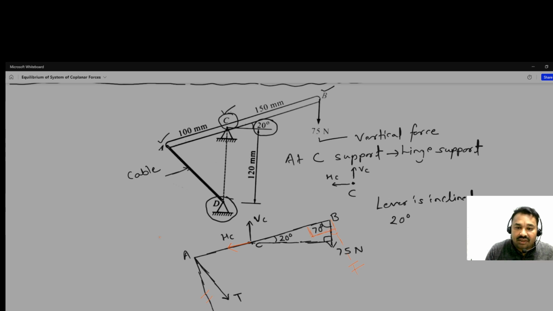Okay, so this angle is 70 degree, so this angle will be 20 degree. Okay. However, this 75 Newton is parallel to this one. Let us extend it. This 75.